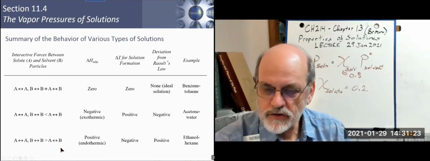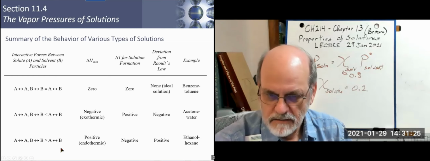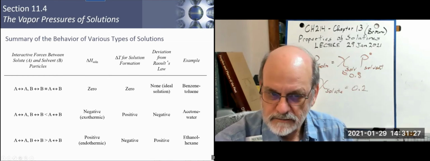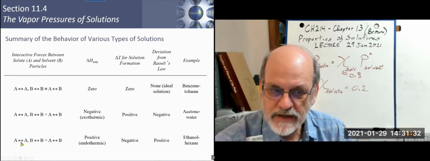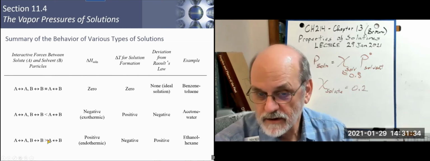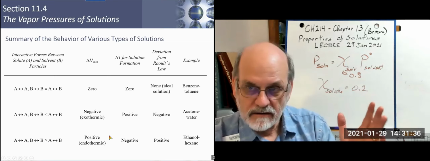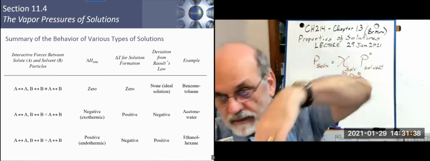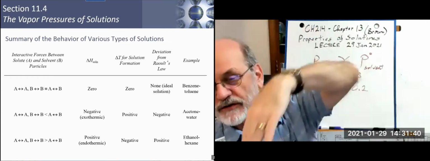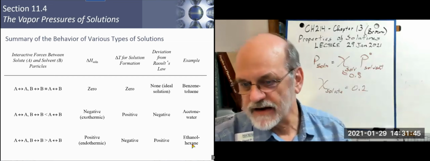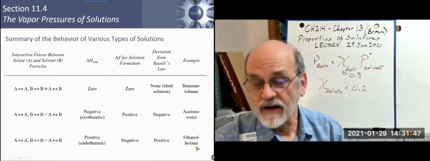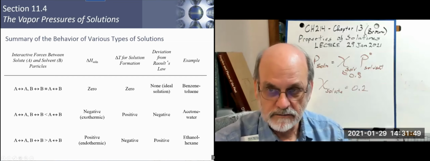But if you have a solution where they repel one another, right? So the interaction of A and B is less than it would be for the individual components, then you have the convex, or the increase above what you would calculate. An example of that is ethanol and hexane. Ethanol and hexane are soluble in one another, right?